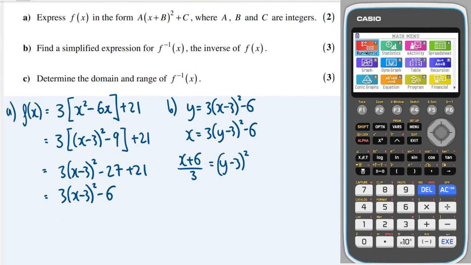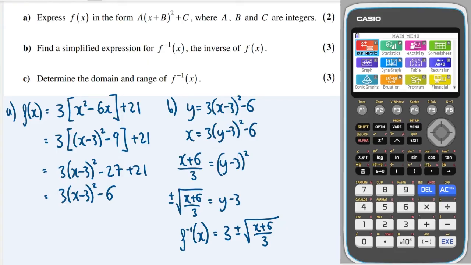I then square root both sides. So x plus 6 over 3 is equal to y minus 3, and when I square root I get a plus or minus. And then I add 3 to both sides, and I will then write it not as y is equal to, but as the inverse function is equal to. So I'm going to get positive 3 on that side, and I'm going to get plus minus the square root of x plus 6 over 3.